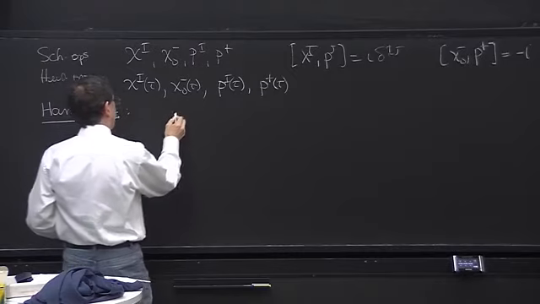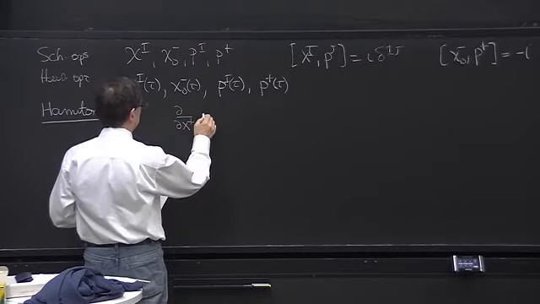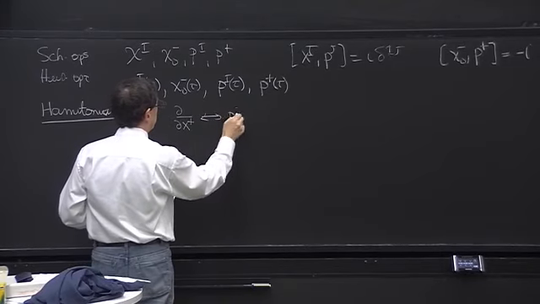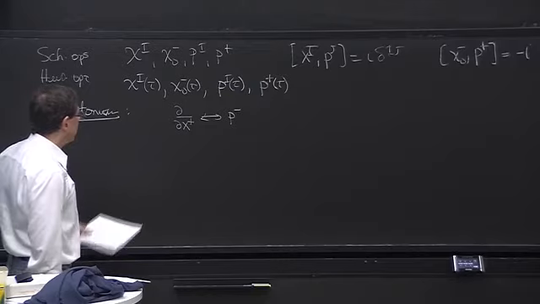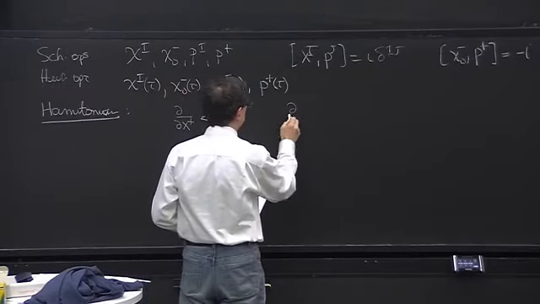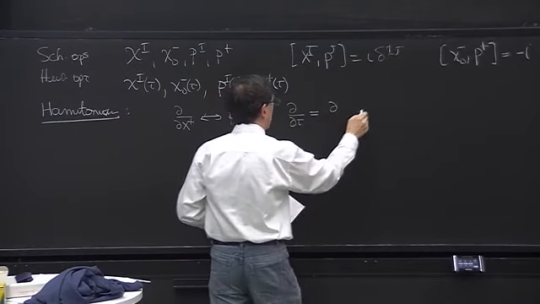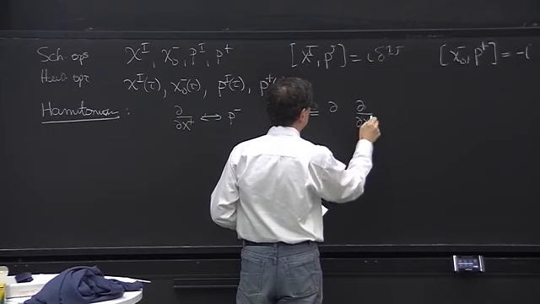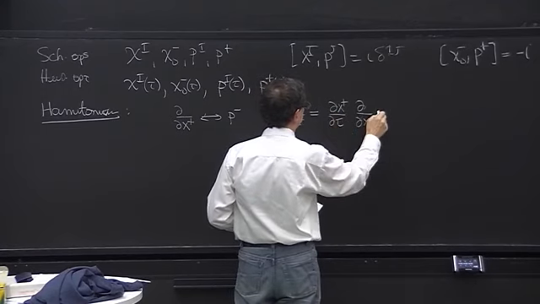By saying, well, if I wanted to evolve things with respect to x plus, I would use p minus as the Hamiltonian, because that's the energy. But I want to evolve things with respect to tau. So d/d tau is really not quite d/dx plus, but pretty close, dx plus d tau.